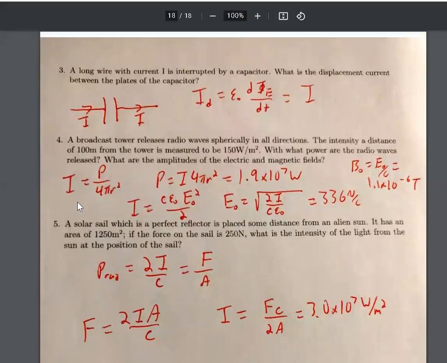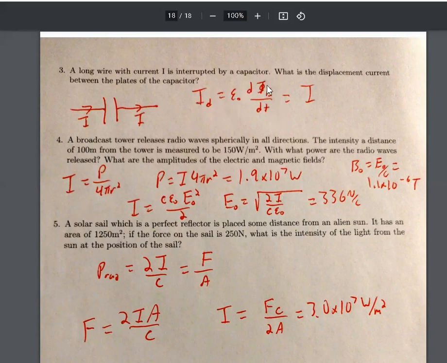Okay. Last page. A long wire with current I is interrupted by a capacitor. What is the displacement current between the plates of the capacitor? Well, the displacement current by definition is epsilon naught times the derivative of the electric flux.